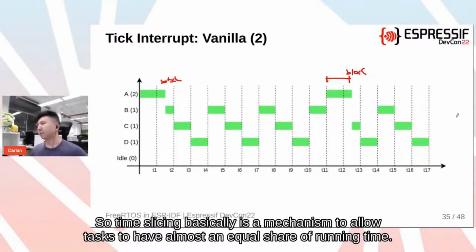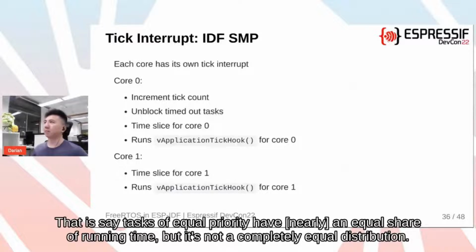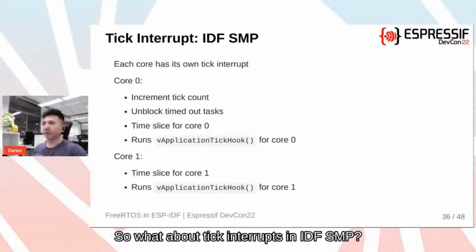So time slicing is basically a mechanism to allow tasks to have almost an equal share of running time. That is to say, tasks of equal priority have an equal share of running time, but it's not a completely equal distribution.